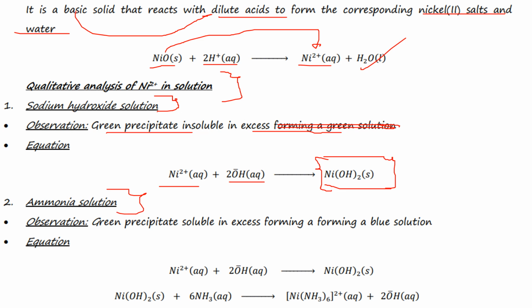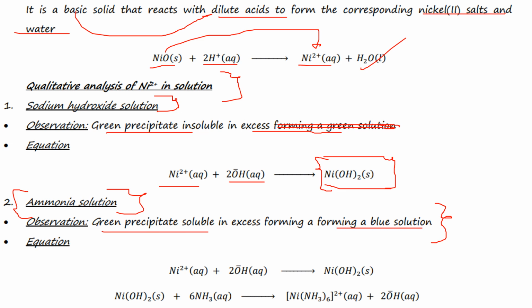Now let's look at the ammonia solution as a reagent. In ammonia, the hydroxide of nickel is soluble to give us a blue solution, and this is a very distinct observation about nickel, and it can be used as a confirmatory reagent. So we're going to say green precipitate soluble in excess forming a blue solution.